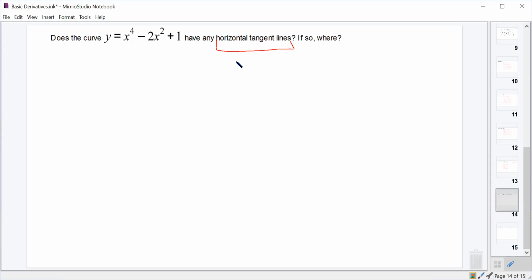It means that the slope of the tangent line is going to be 0. Well, what represents the tangent line and its slope? The derivative. So in order to figure out if this has any horizontal tangent lines, we want to know when the derivative equals 0.